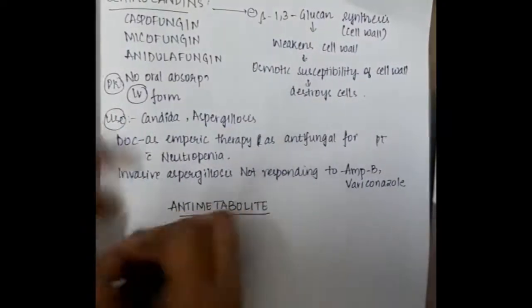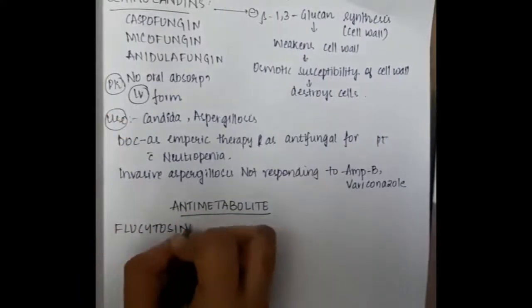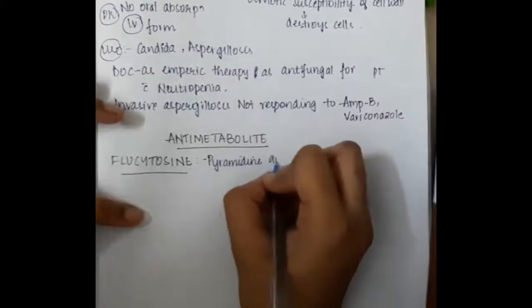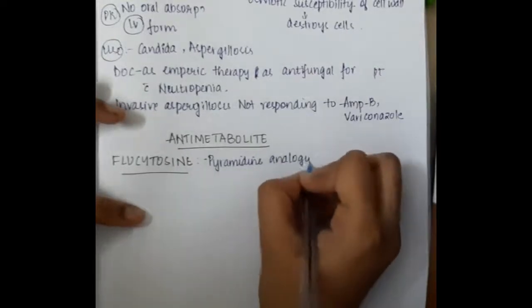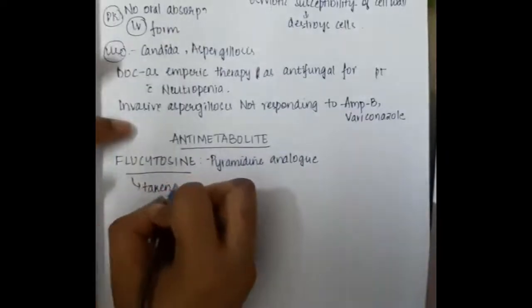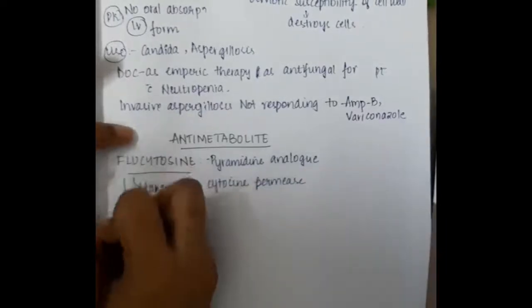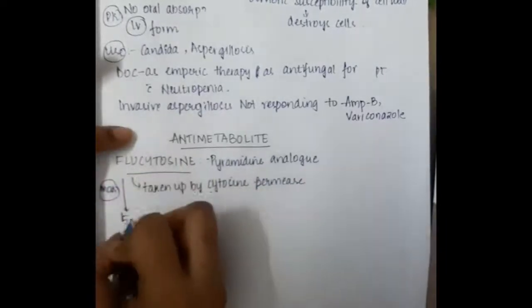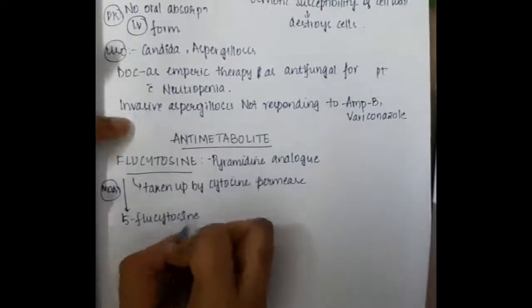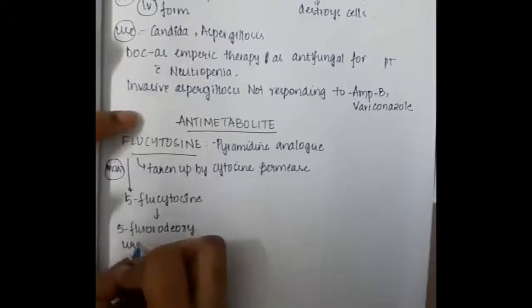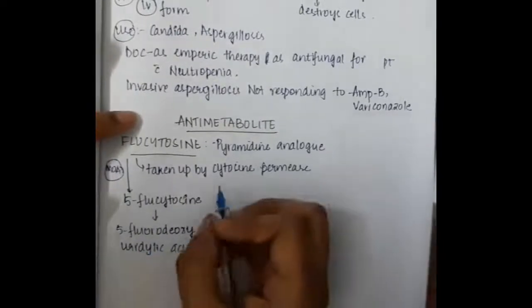Then one more antimetabolite, which we are going to learn in this class, is flucytosine. Flucytosine is a pyrimidine analog, which is an antimetabolite. It is taken up by cytosine permease, and gets converted to 5-fluorouracil, and this gets converted to 5-fluorodeoxyuridylic acid.